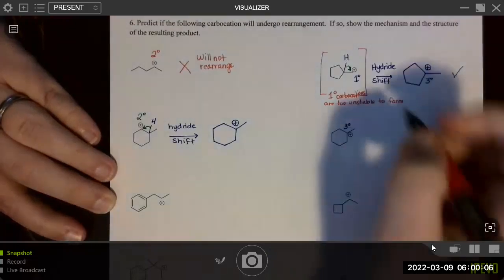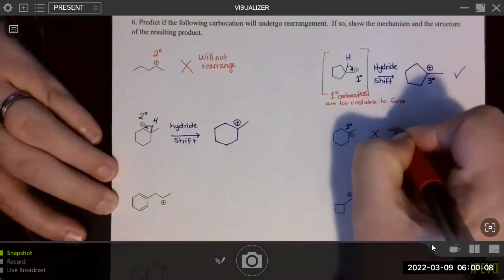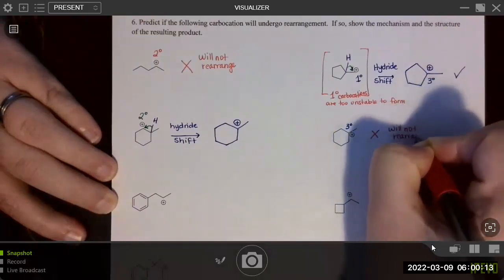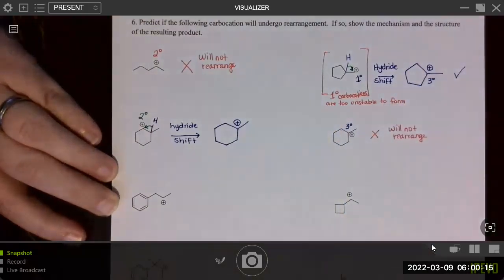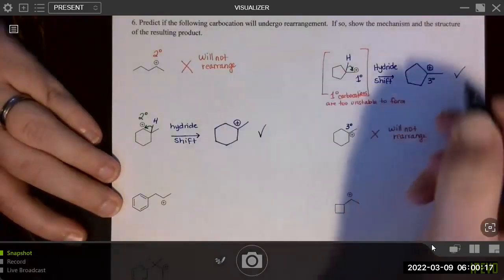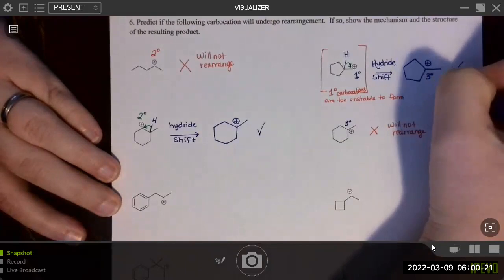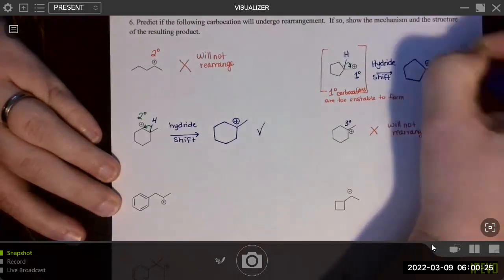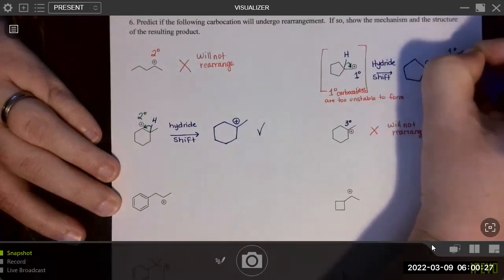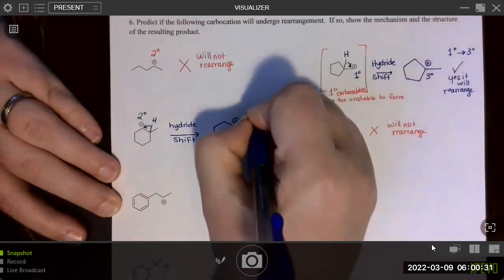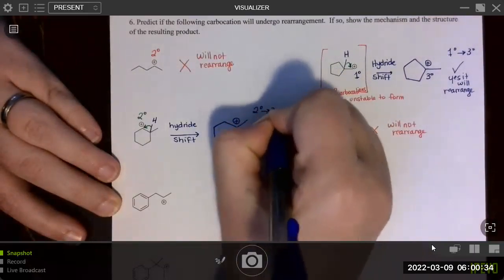So this one actually will not rearrange. This one, yes, it will rearrange. Okay, so primary goes to tertiary. This one we had secondary go to tertiary.